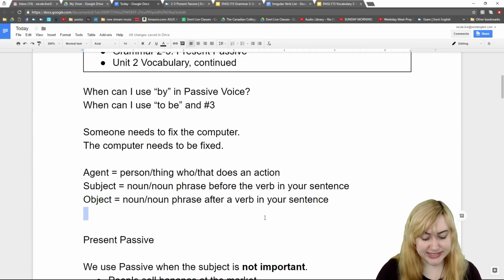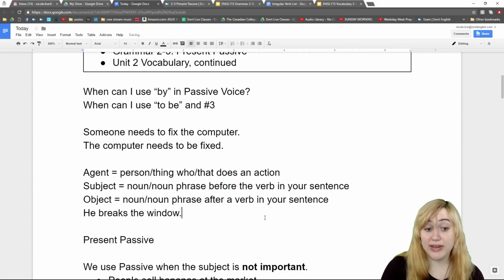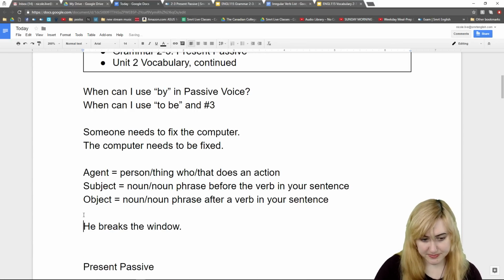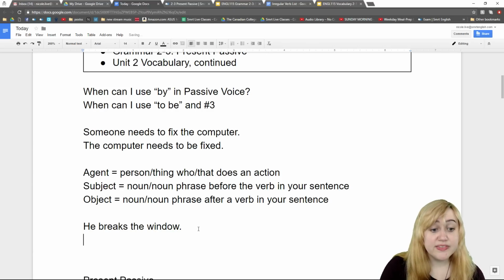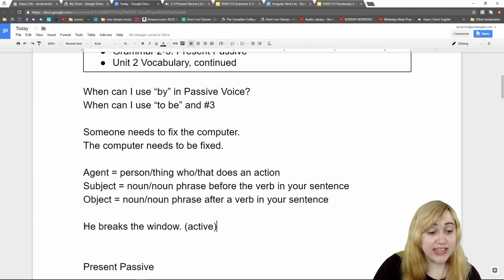Let me give you an example. We can say, he breaks the window. This sentence is active. And here, the subject is he.